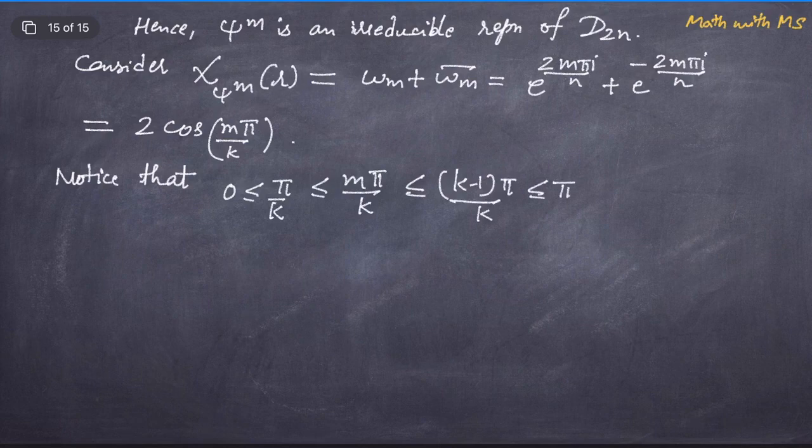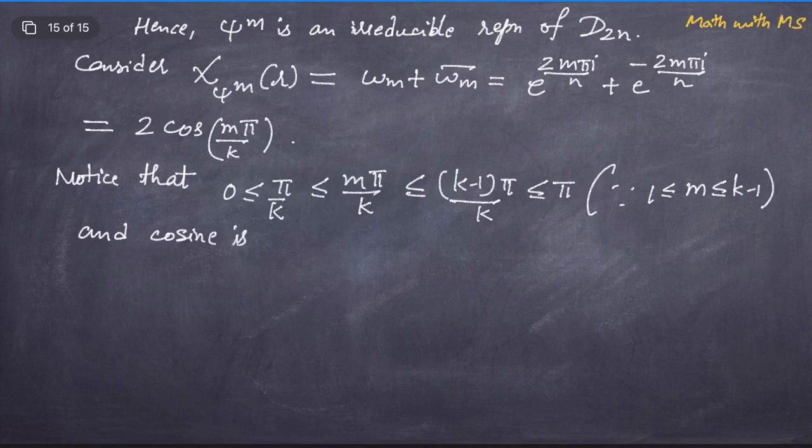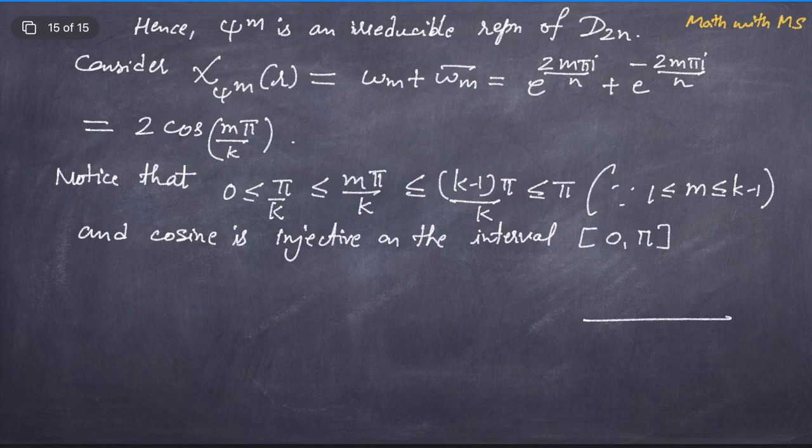Alright, because m is bigger than or equal to 1, less than or equal to k minus 1, and cosine is injective on the closed interval 0 to pi. If you recall the graph of cosine, you have 0, pi by 2 and pi, minus 1, 1.